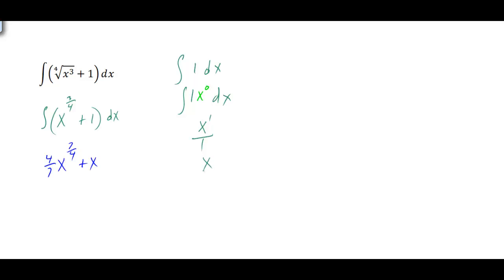So if you ever forget how to handle a constant, just realize it's understood that we have this x to the 0 there. So here, we can think of this as 1 times x to the 0, and if you increase the exponent by 1, you get x to the 1st divided by 1, or simply x. And as always, we want to add our constant term.